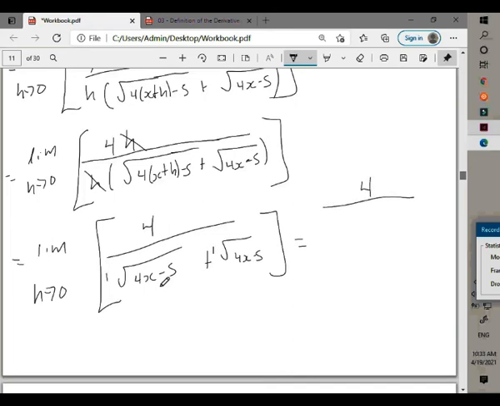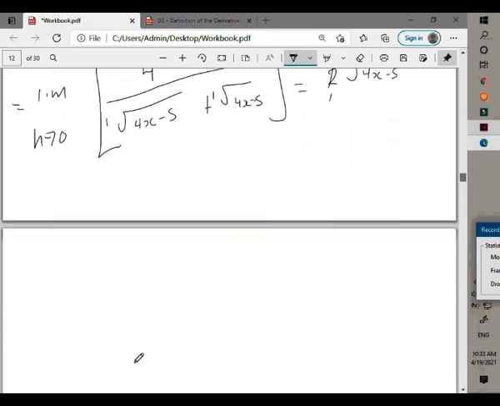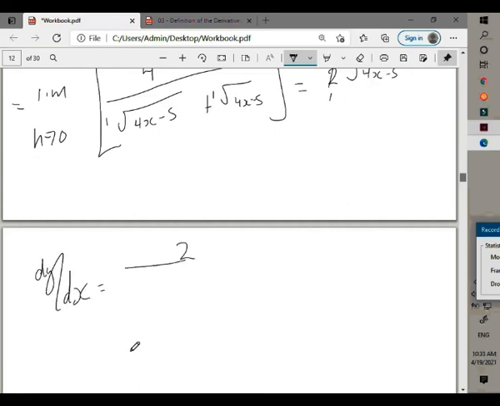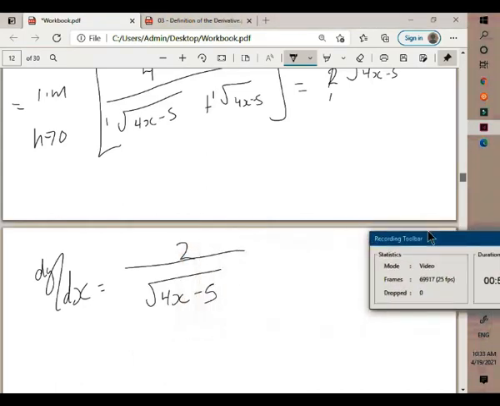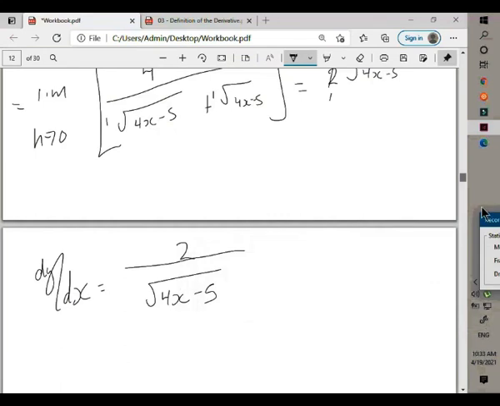This is saying 1 of 4x minus 5 plus another 1 of 4x minus 5. So it gives me 2 root 4x minus 5. 2 ones 2, 2 twos 4. So this gives me now that dy upon dx is equal to 2 being divided by the root of 4x minus 5.